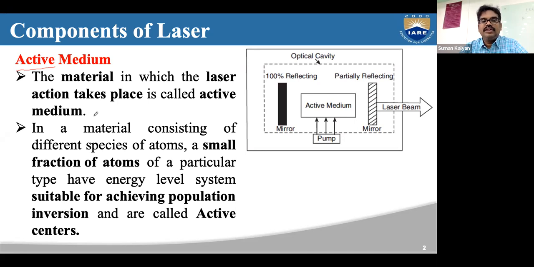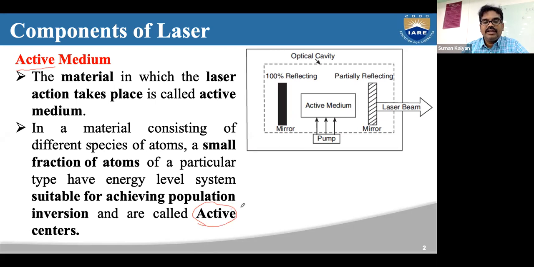Only a small fraction of atoms will be able to participate in this lasing action, and these atoms are called active centers. Only these particular atoms are able to achieve the population inversion.